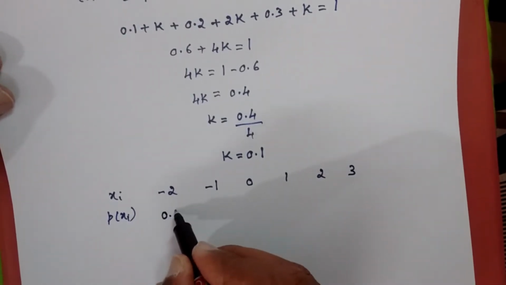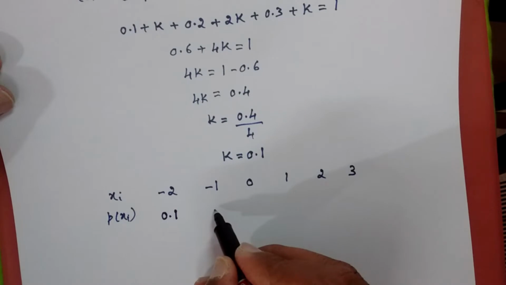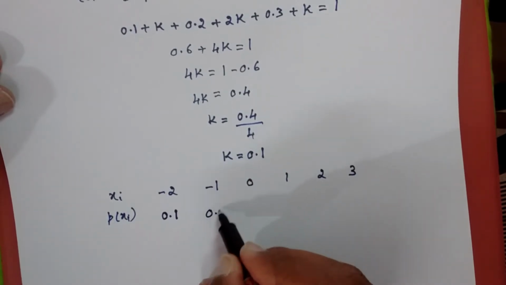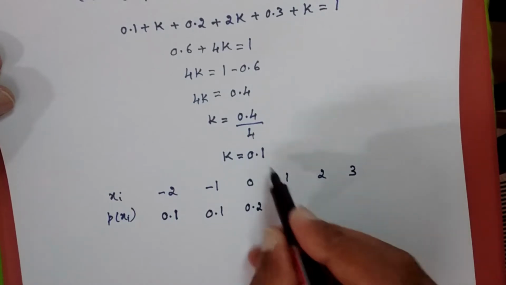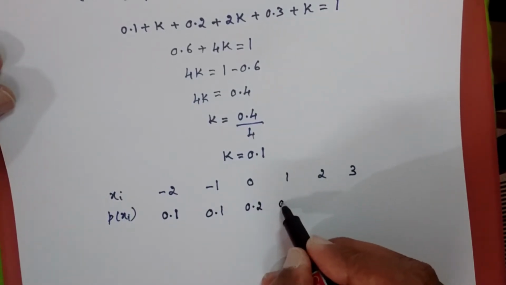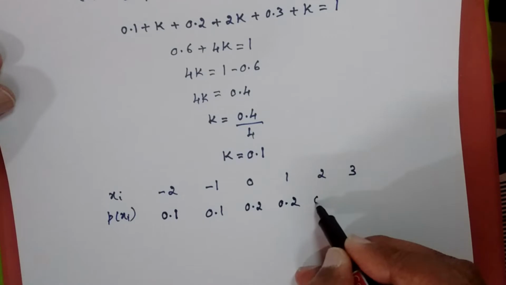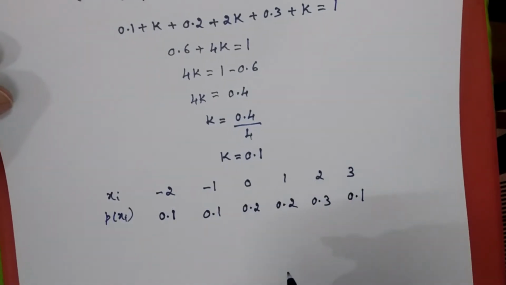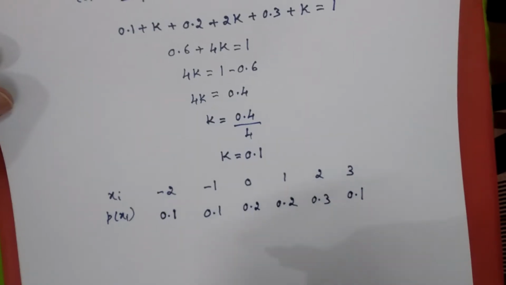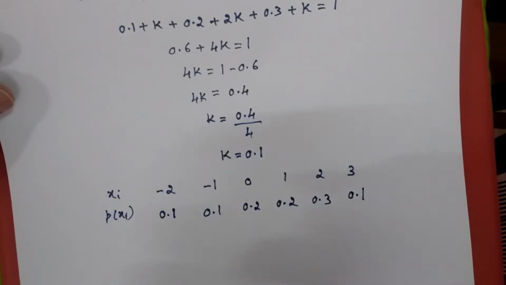The first value of p is 0.1 as it is. Next value is k, which is 0.1. The next value is again 0.2. The next value is 2k, so 2 times 0.1 is 0.2. Then 0.3, and the k value is 0.1. So we have completed the table. Using this, we need to find the mean.